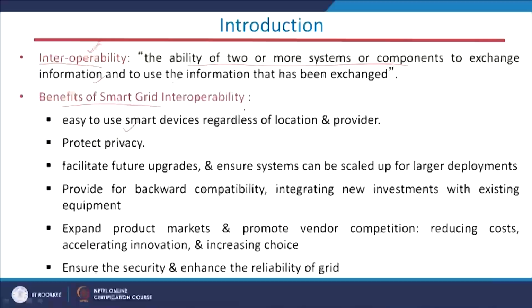In that case it does not matter where my microgrid 1 is located, where my microgrid 2 is located. With our communication system we can communicate these two microgrids regardless of that, which is why it is written here, regardless of the location and the provider, who may be the owner of these particular systems.